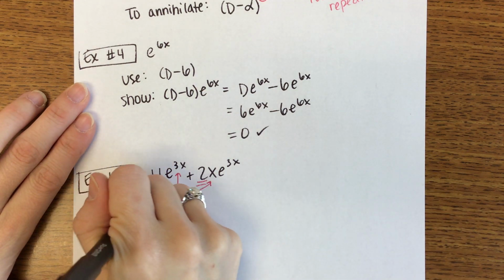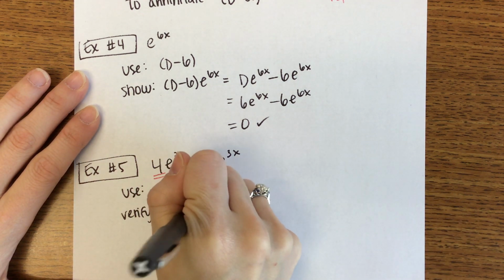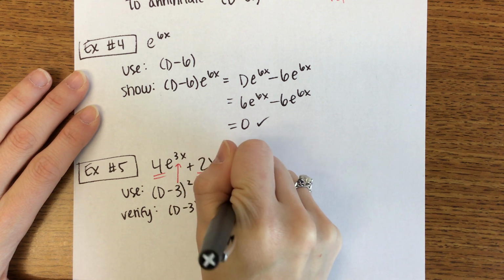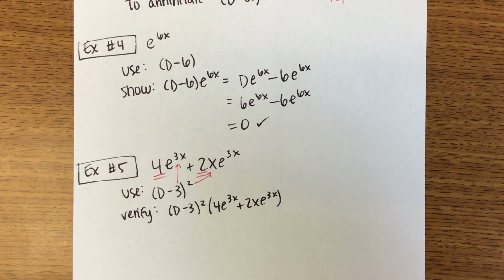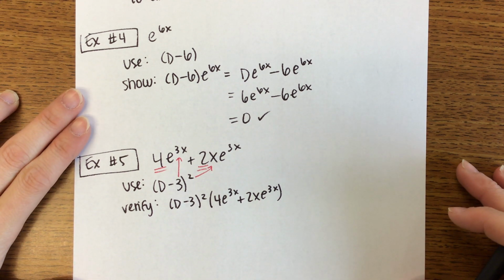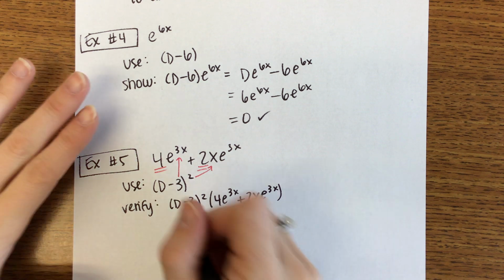Okay, this one we are also going to verify is the correct annihilator. So we're applying D minus 3 squared to 4e to the 3x plus 2x e to the 3x. Any ideas? What does your intuition tell you to do? I heard somebody say something correct having to do with the annihilator. You're going to have to multiply it out.